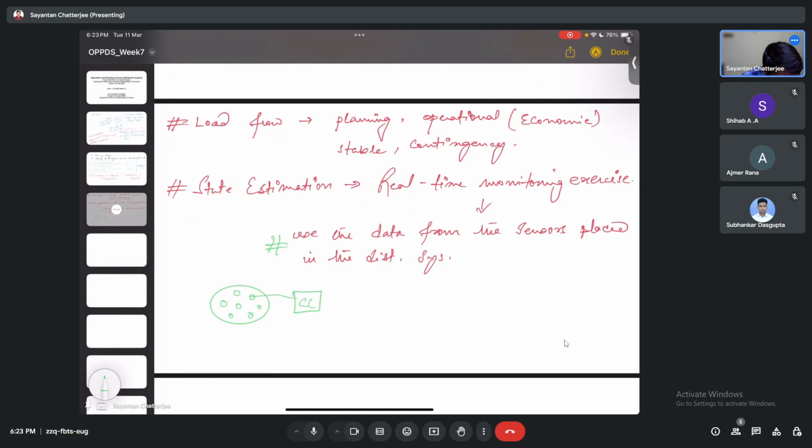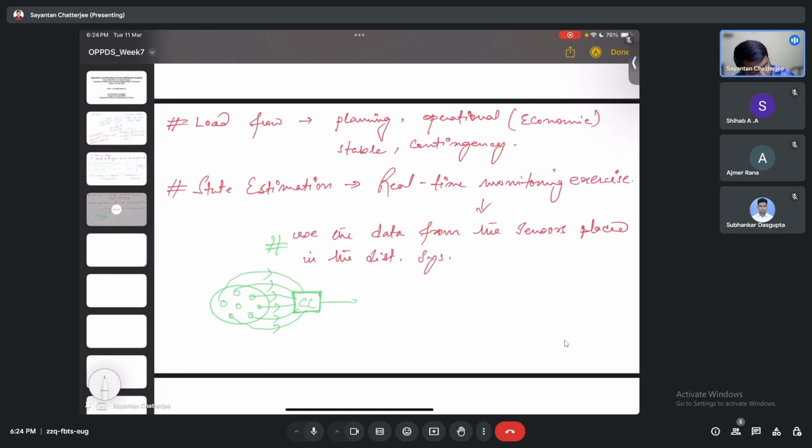Information is delivered to the control center from each of these sensors, and based on the information received, the control center has high computing computers.